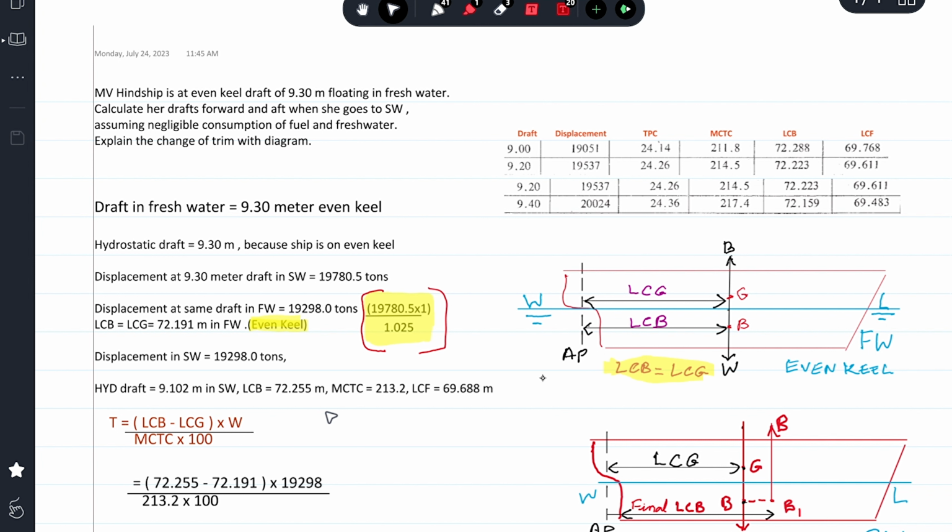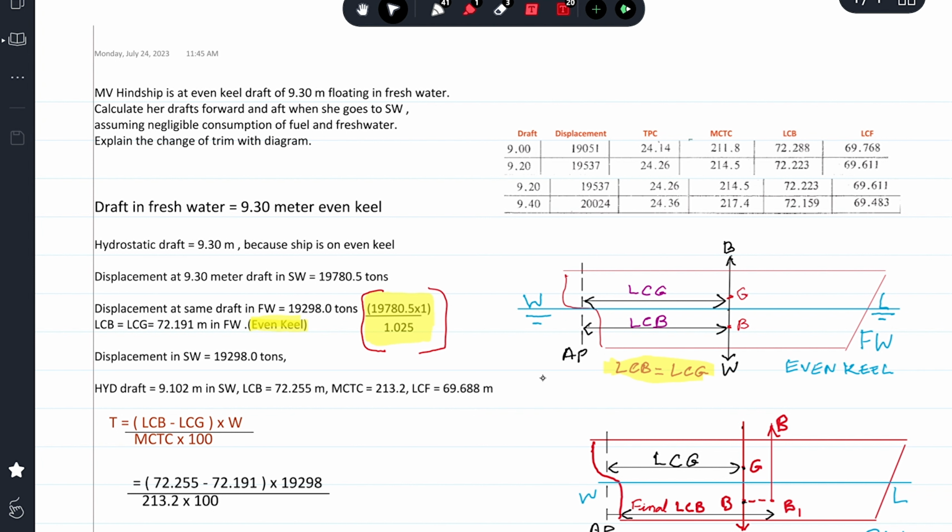LCB in salt water now is here, 72.255, at hydrostatic draft of 9.102 meter. Displacement of 19298. I can interpolate and I got my LCB 72.255, also MCTC 213.2 and LCF 69.688.